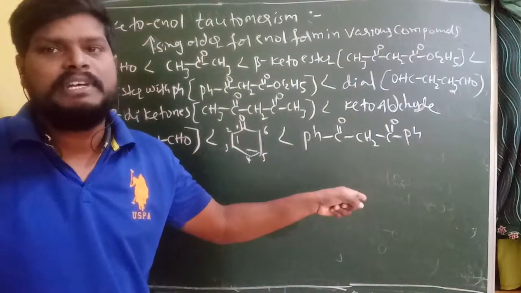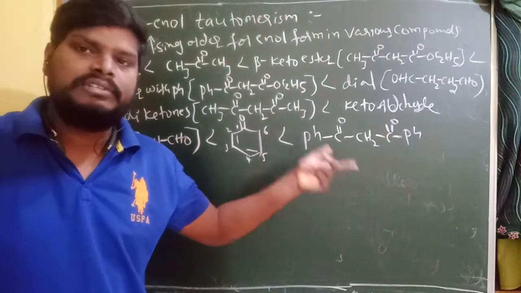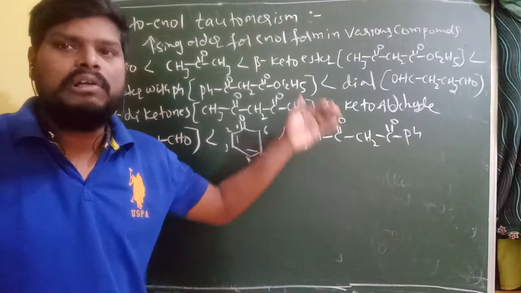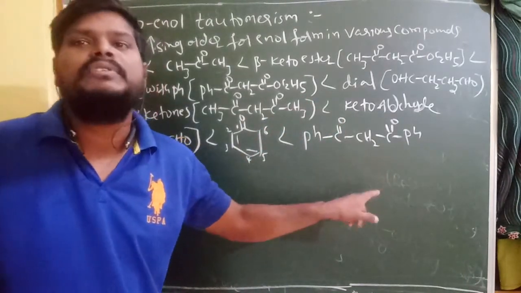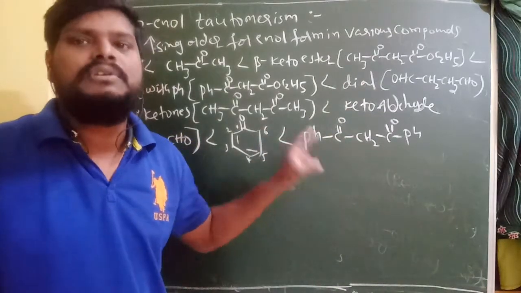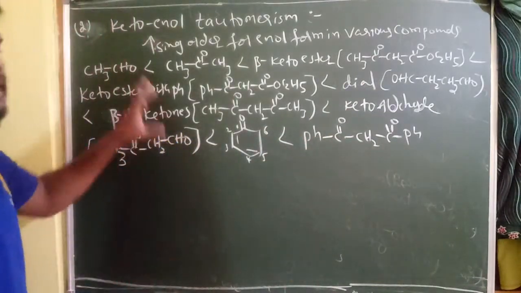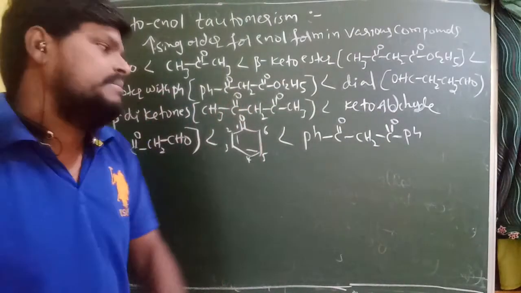Aromatic nature, extended conjugation and intramolecular hydrogen bonding: all three rules are possible in this example. That's why the most stable enol form is possible, and the highest enol content percent is possible. So based on this order, I am going to give one example.